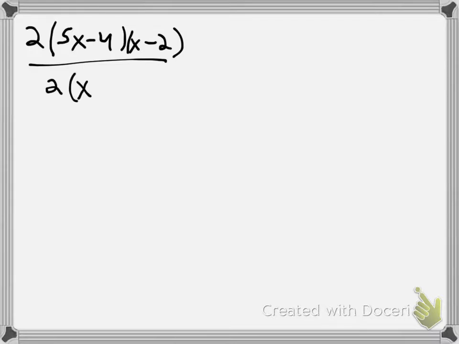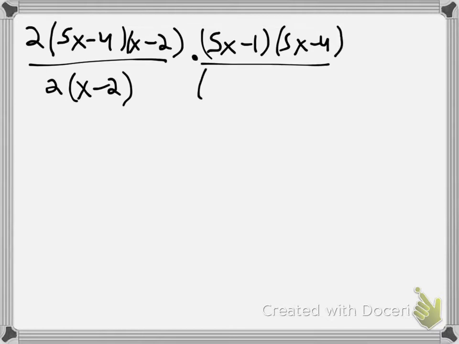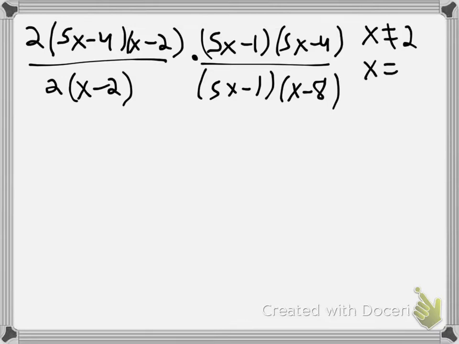So we had 5x minus 4, x minus 2 over 2x minus 2 times 5x minus 1, 5x minus 4 over 5x minus 1, x minus 8, and we had the zeros that x couldn't equal 2, x couldn't equal 8, x couldn't equal 1/5.